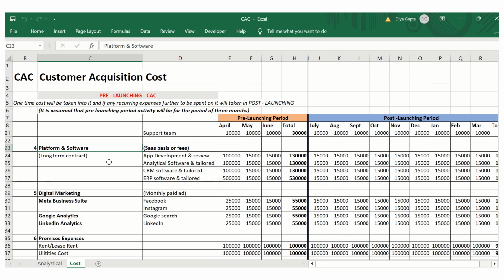So I have just divided platform and software into app development. Here you can see another is analytical software and tailored CRM software, ERP software. So you can understand from these software companies through their demos what type of facilities or services you are looking for. Then we come to digital marketing.